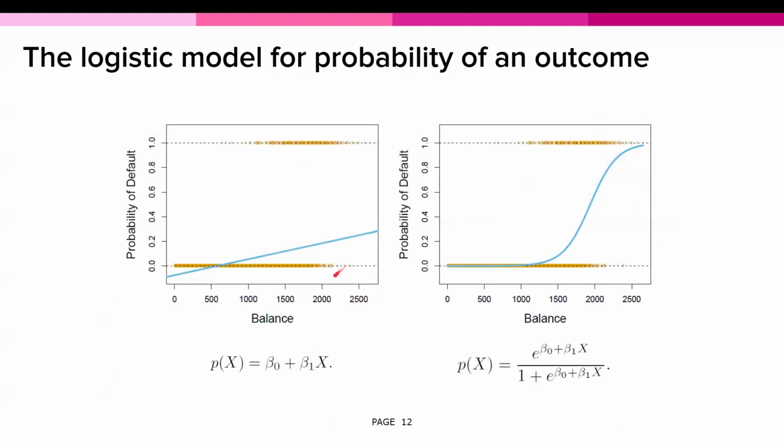So in the ISL text, the authors return to the probability of default given the credit balance example. So on the left here, I've got the linear regression solution, and on the right, we've got the learned logistic regression model. They use a slightly different formulation of the logistic function, but it can be shown to be equivalent to what we've been working with so far. And so now, instead of a straight line, we get that S-shaped curve.